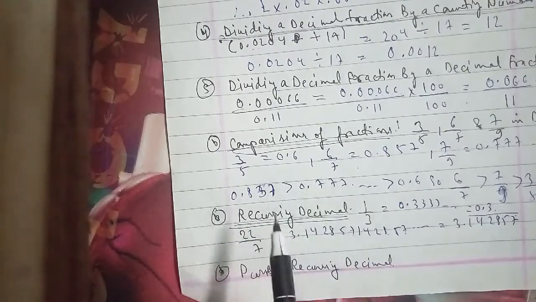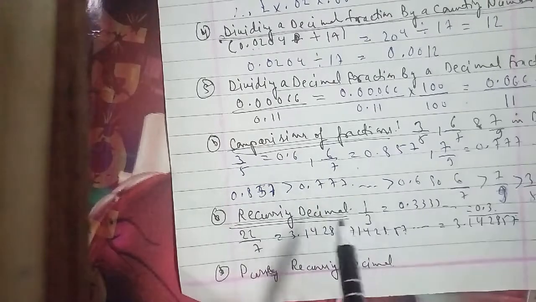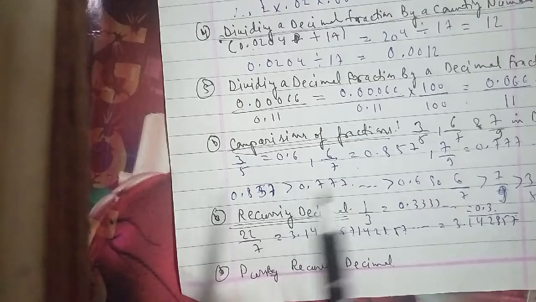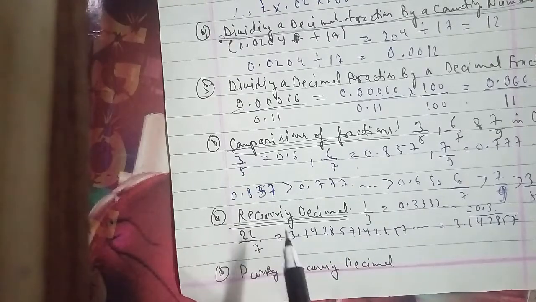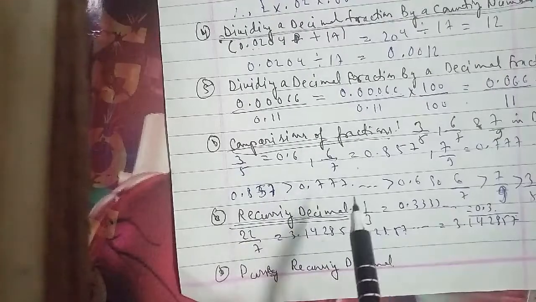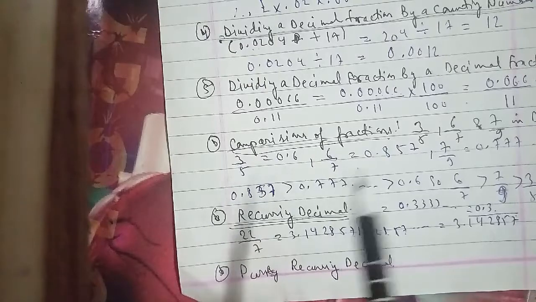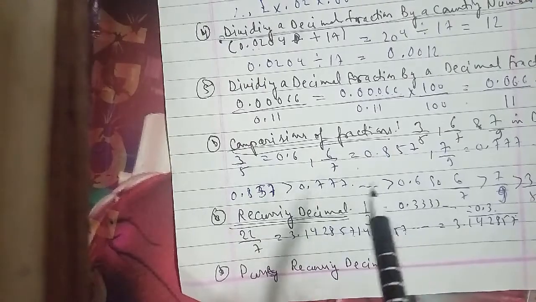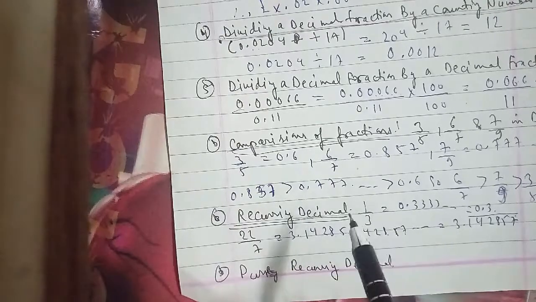Now we'll talk about converting a pure recurring decimal into a vulgar fraction, and then go ahead with mixed recurring decimal, as well as converting a mixed recurring decimal into a vulgar fraction, and we'll discuss some basic formulas as well. So here we go ahead. We'll talk about converting a pure recurring decimal into a vulgar fraction.